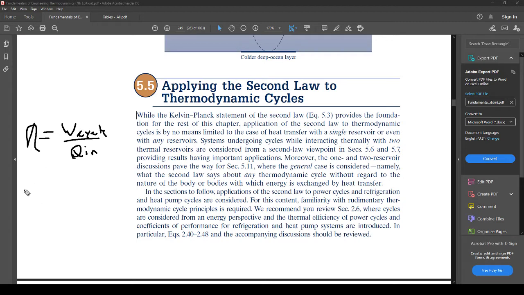That was for power cycles, and then beta was the opposite. So that's what they're talking about, those equations that we used a long time ago. So it says we are going to essentially apply the second law to those things right there.